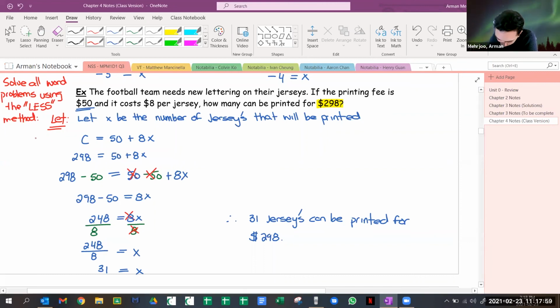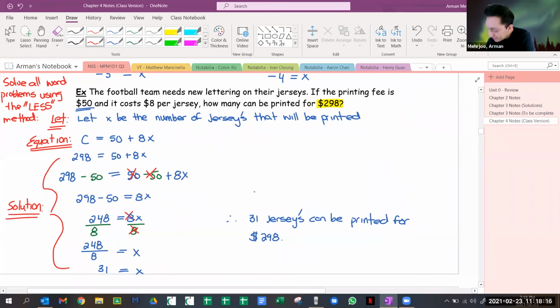You then have to come up with an equation and then you need to show your solution. Finally, the last thing you need is a therefore statement just to conclude your work.